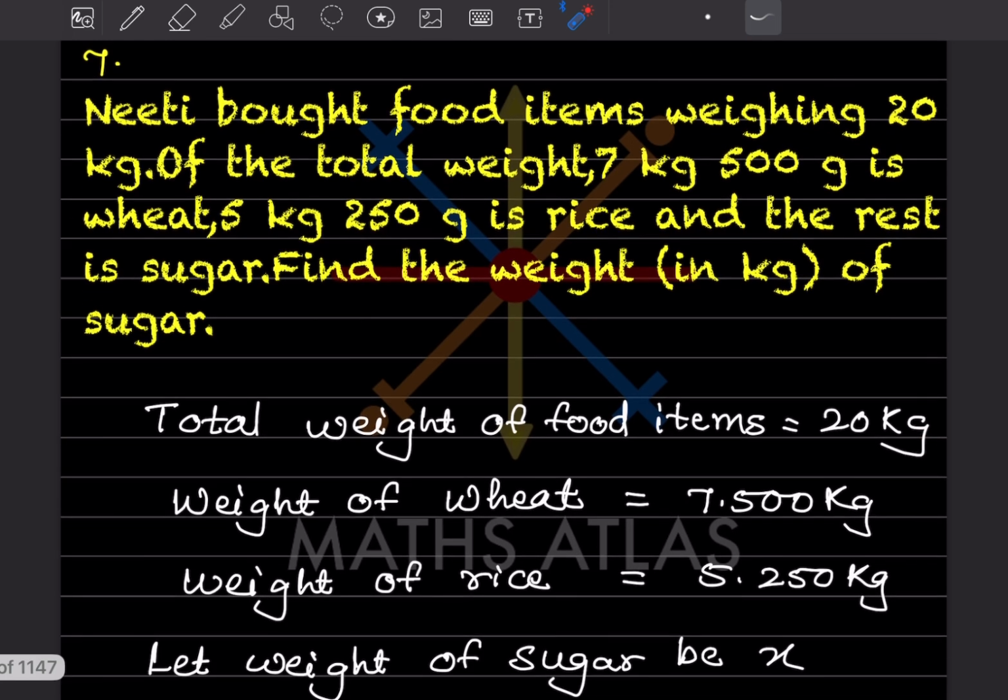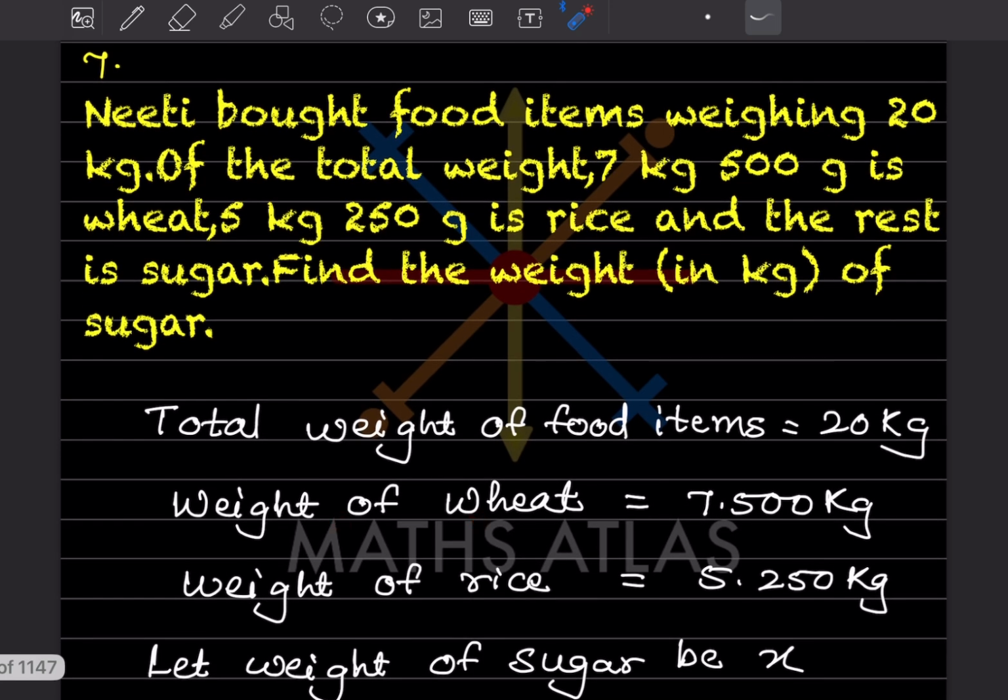Weight of wheat, given as 7 kilogram 500 gram, we can write here 7.500 kilogram. Then weight of rice is given as 5.250 kilogram. And we don't know what is the weight of sugar.